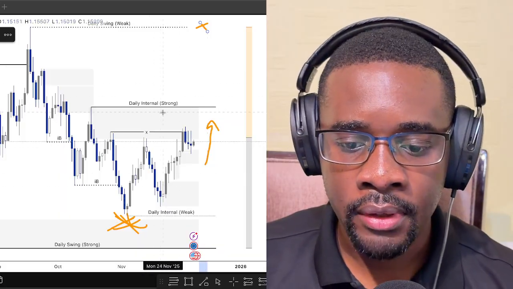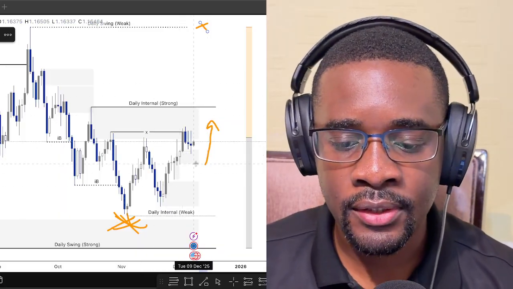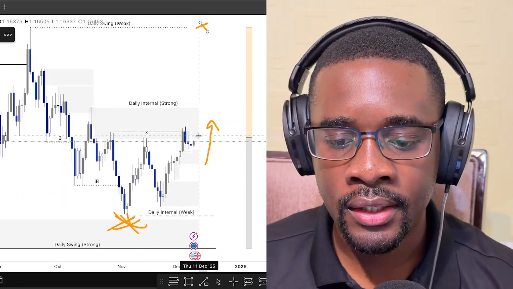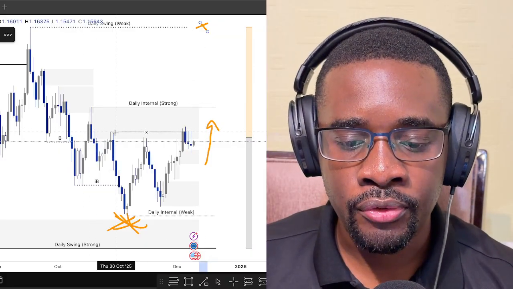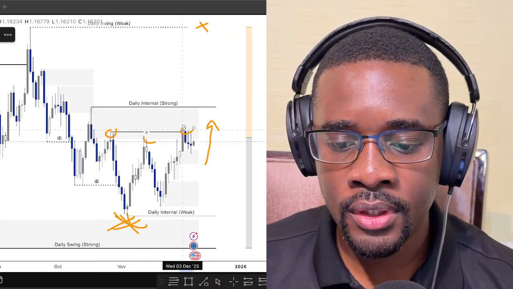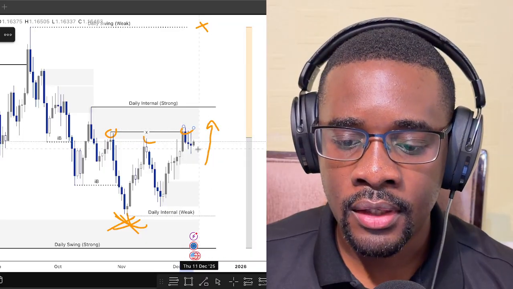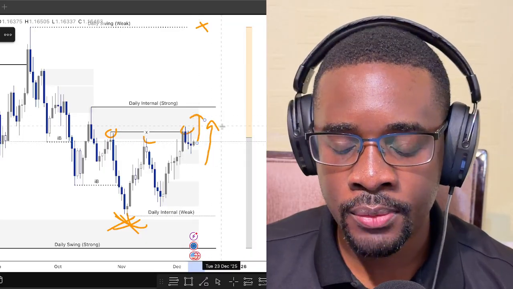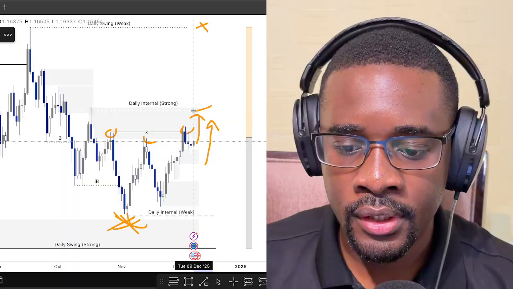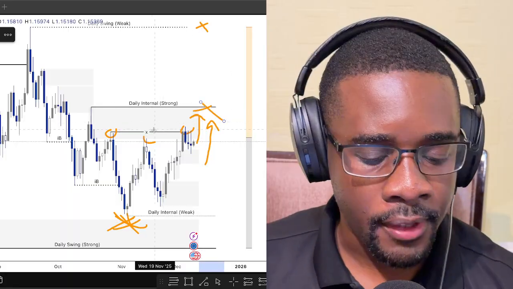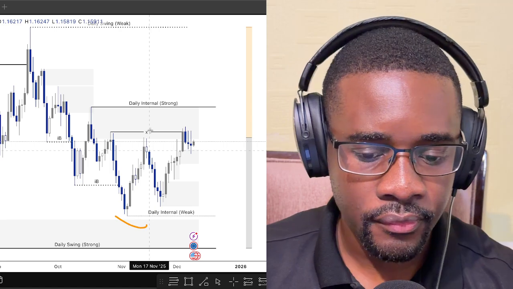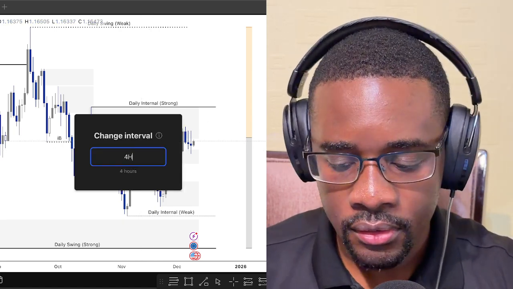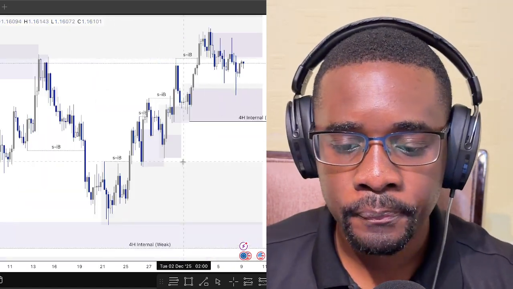But the internal, as it stands, is still bearish, although we can confidently say it's getting weaker because we've had 1, 2, 3 mitigations, and I'm expecting that the fourth one will be a deeper mitigation and possibly eliminate the supply. So we look at the 4 hour.